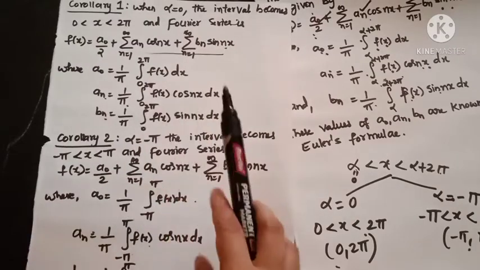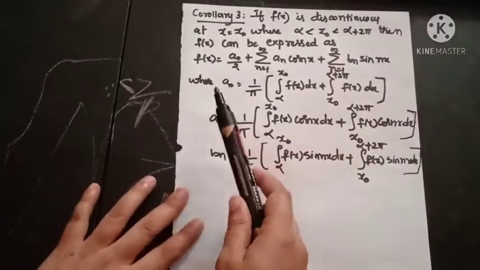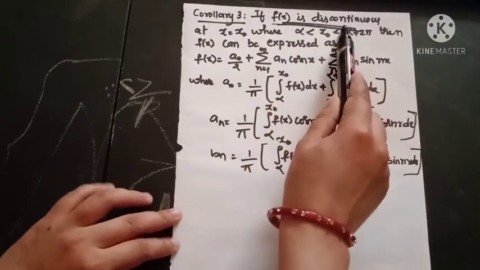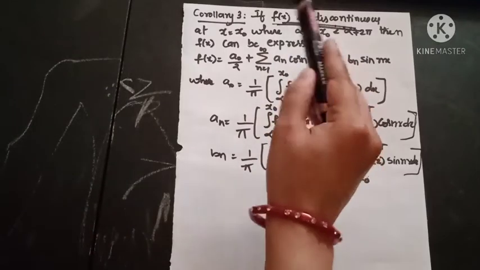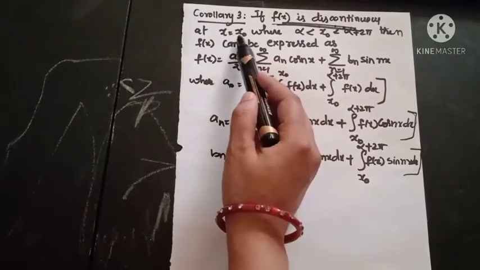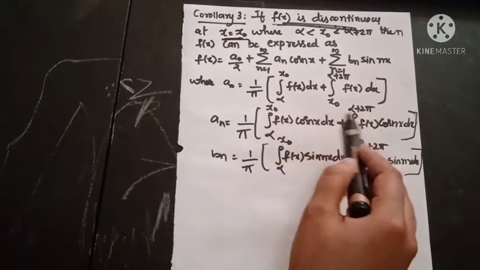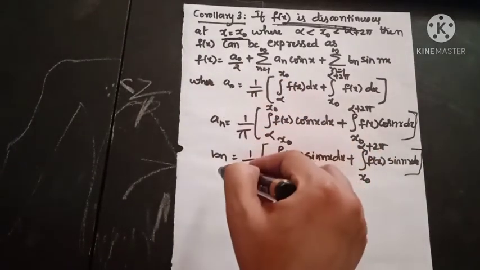And the third corollary says that if f of x is a discontinuous function and its point of discontinuity is x naught, then what happens to the series? How to evaluate these values a naught, a n, b n?